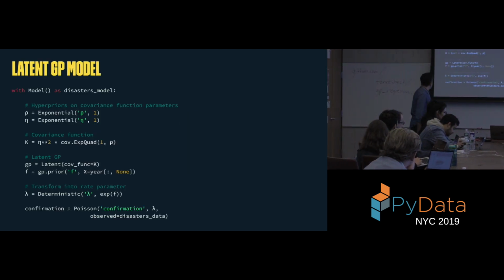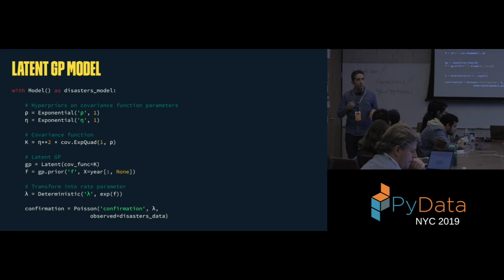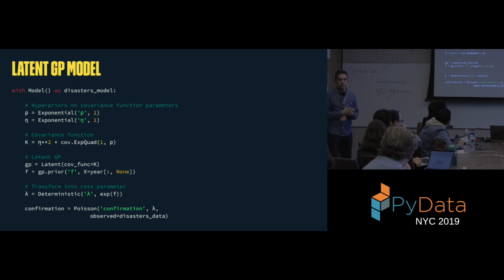For that, we have to use a slightly different kind of Gaussian process, and we call this a latent GP. Latent means there is a Gaussian thing in there somewhere, but we're going to transform it so that it's the mean of a Poisson, because the mean of the Poisson has to be positive because it's modeling counts, and you can't have negative counts.